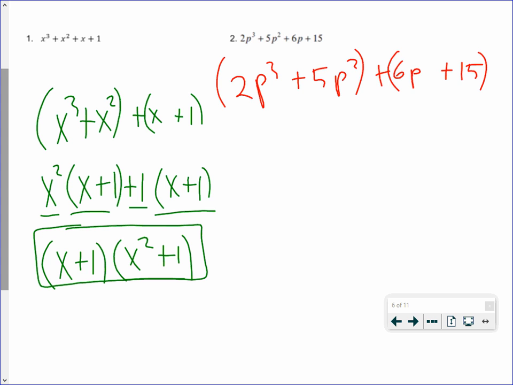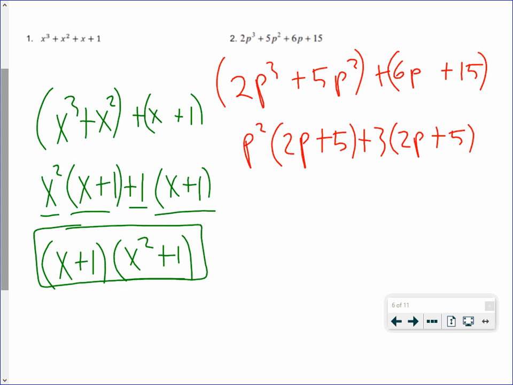For the first pair, our GCF here is just going to be p squared. So I'll factor out a p squared, and when I do, I'm left with 2p plus 5. And for 6p plus 15, my GCF there is going to be 3. So I'm going to factor out a 3, and when I do, I'm left with 2p plus 5 as well.